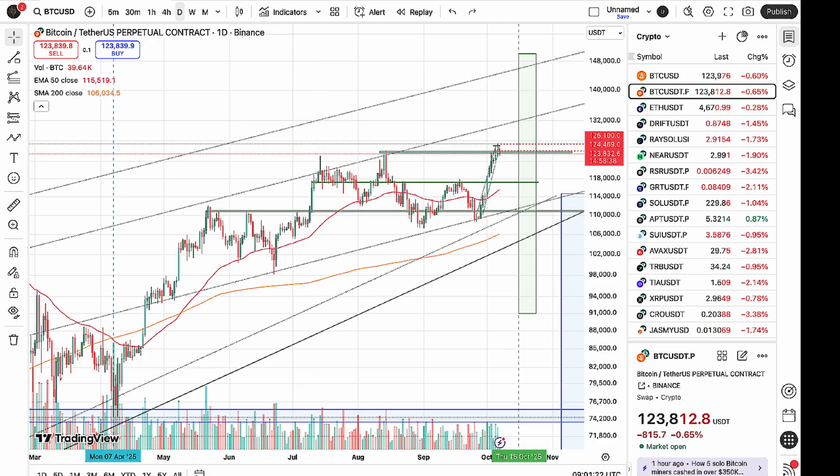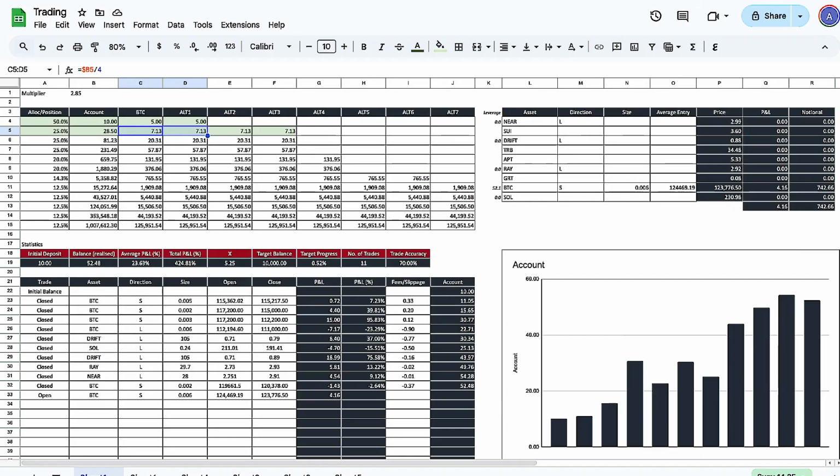So let's just go over onto our risk management in terms of our short position. You can see there, open Bitcoin. It's a short position, 0.006 of a Bitcoin. It equates roughly to about 14 US dollars on our current leverage. So what I've done is, as you can see, we're on this tier 28.5.